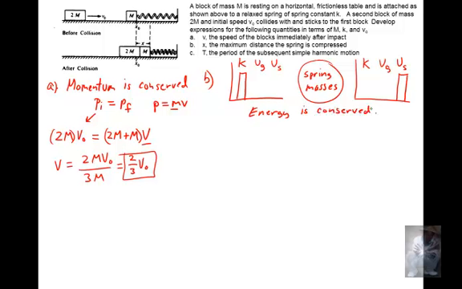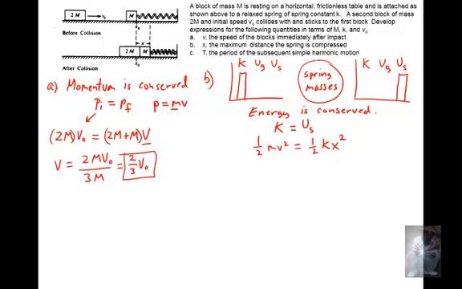And we should also write an energy equation. In this case, all the kinetic energy at the beginning equals the elastic potential energy at the end. Generally speaking, that would be 1/2 mv squared is equal to 1/2 k, where k is the spring constant, times the extension squared.